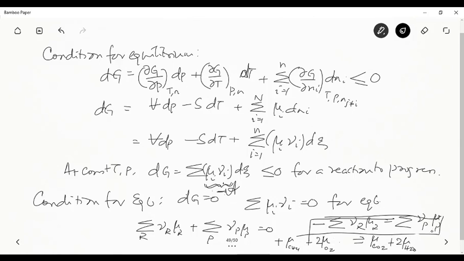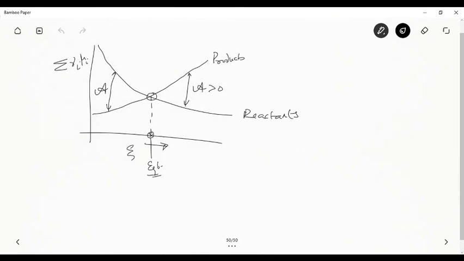So then the inequality will just be reversed here. So this is A less than 0 and this is A greater than 0, and this is the point where A is equal to 0. A equal to 0 is the equilibrium condition.